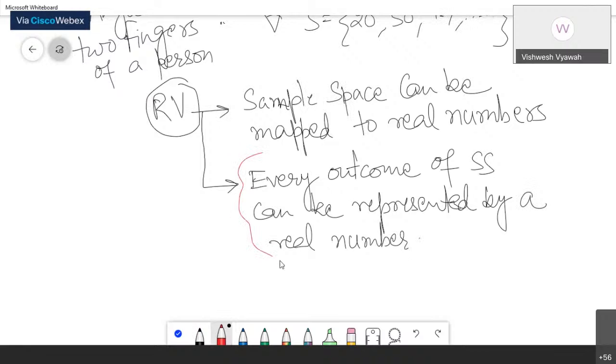Very important. Every outcome of a sample space can be represented by a real number. Now that makes the whole affair very easy. Why does it make the whole affair very easy? Because now whatever may be the outcome, once I define this function or mapping and represent the outcomes with some real numbers, I have to deal with only those real numbers.